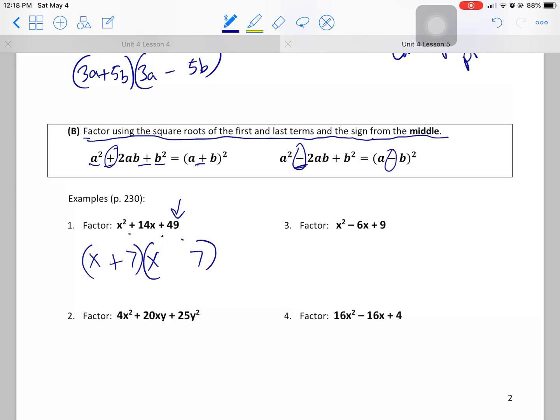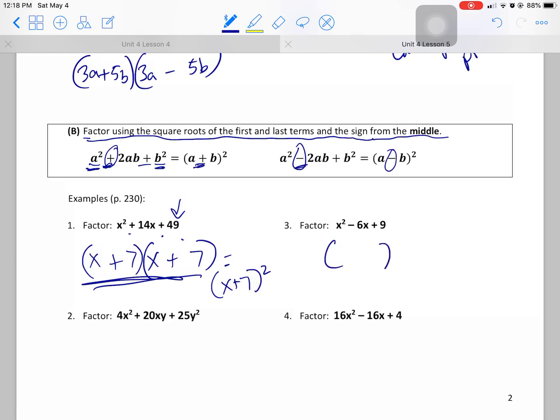And if this is a plus and a plus, then that's a plus and a plus. And you'll see that final answer is x plus 7 squared. I accept this on the test, but your homework might want x plus 7 squared. Okay? That is the root of the first, the root of the last, and the sign that's first.